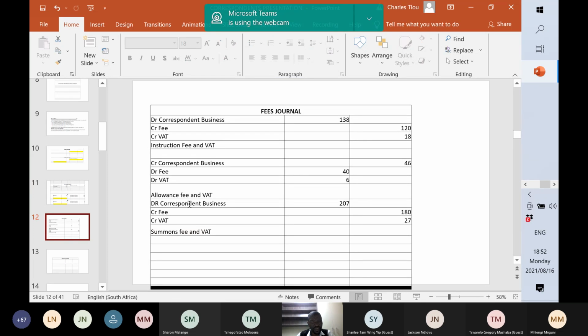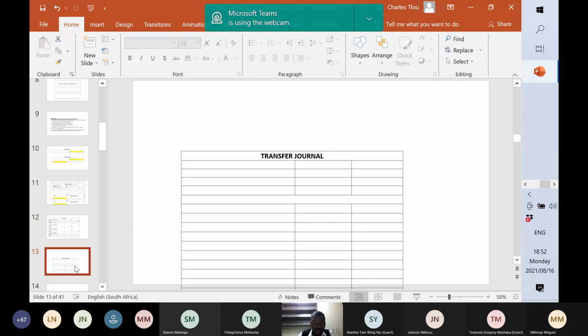I debited correspondent business, now I'm going to credit correspondent business, and then you debit your fee, the direct opposite, and then you debit your VAT.